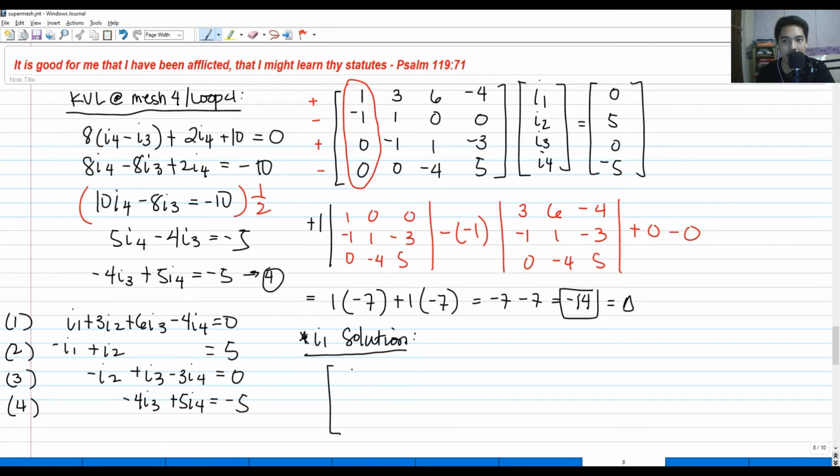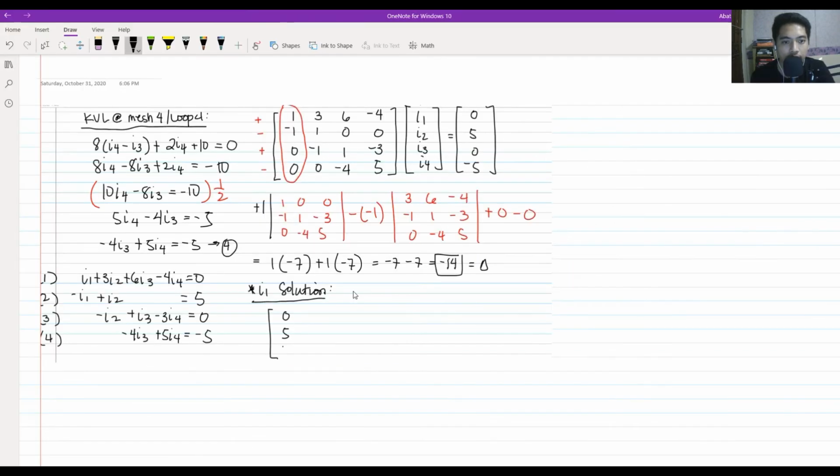So we have 0, 5, 0, and negative 5 here. And then we copy the remaining elements in our matrix. So we have 3, 1, negative 1, and 0. We have 6, 0, 1, negative 4. Then we have negative 4, 0, negative 3, and 5.